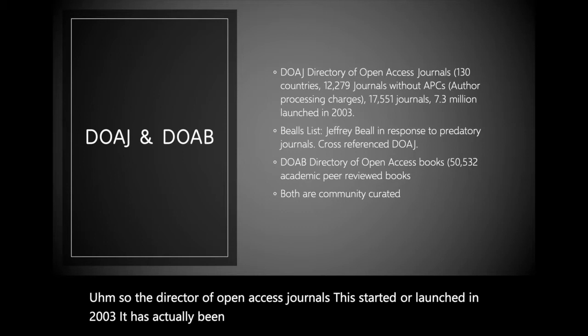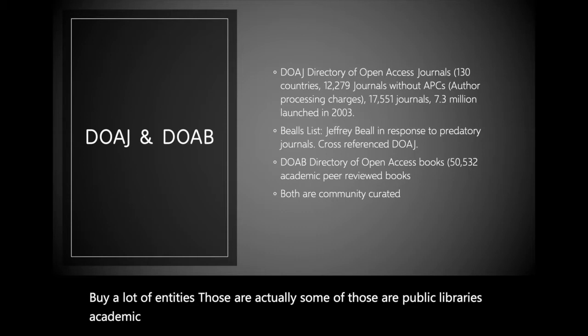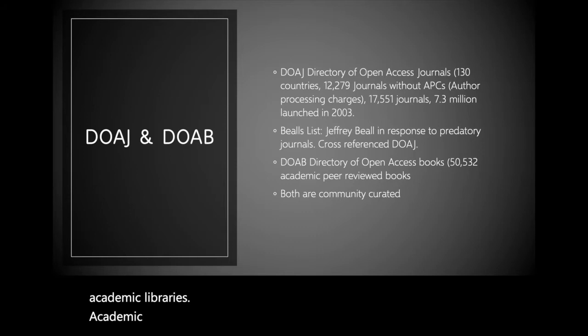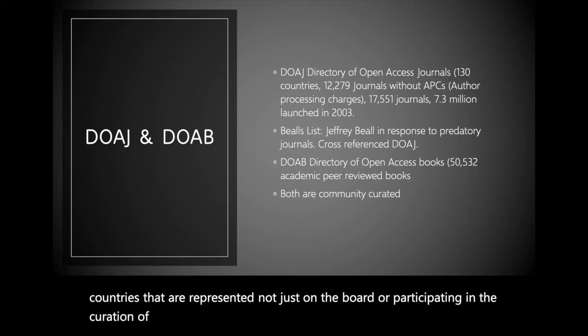Some of those are public libraries, academic libraries, academic institutions, specialized libraries. And over 130 countries are represented, not just on the board or participating in the curation of this, but also contributing in terms of journal editing and contributing articles.